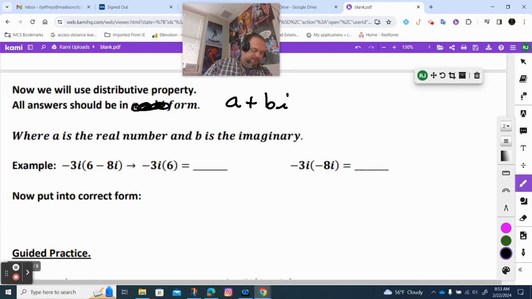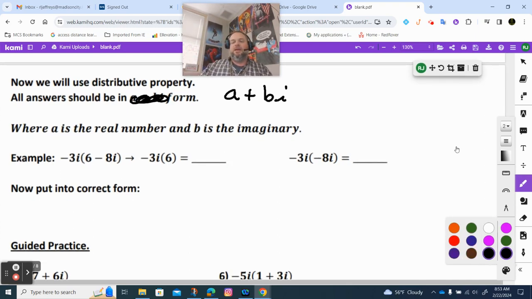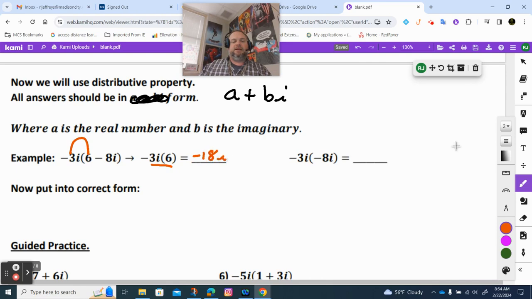So for those that may have forgotten how to do distributive property, because not everybody went to math camp during winter break. All right. It's this term times this term, which I have right here. This is 3 times 6, which is negative 18. Then it's this times this.